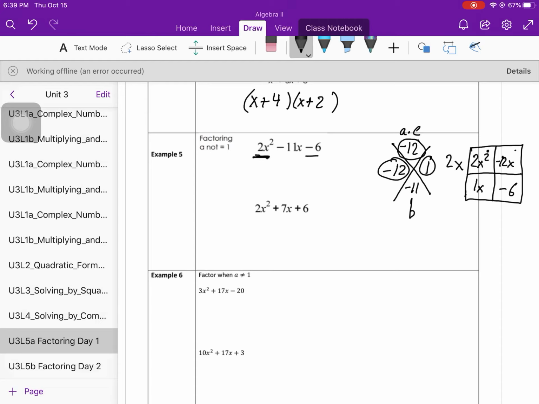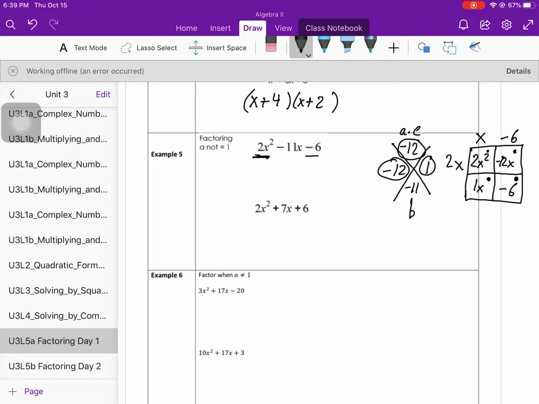So I'm looking at this box and this box. Now I'm looking at this box and this box. So 2x squared and 1x, the only thing they have in common is an x. Then we're going to look over here at negative 12x and negative 6. Those are both negative numbers, and negative 12 and negative 6 have a common factor of minus 6. Lastly, we look at the 1x and the negative 6.